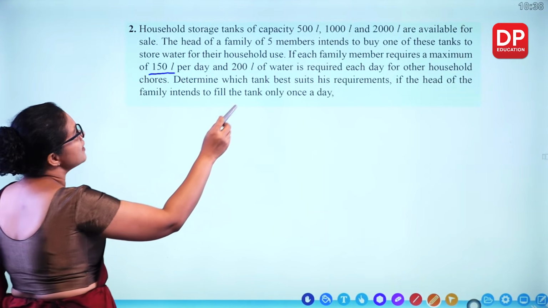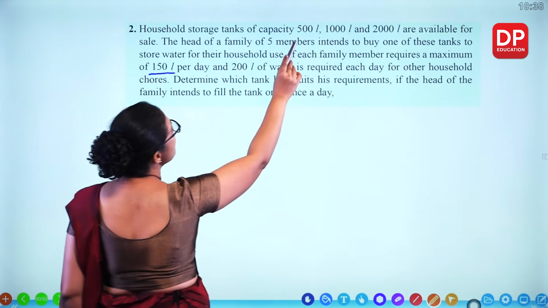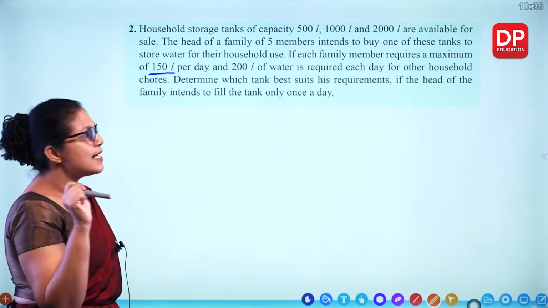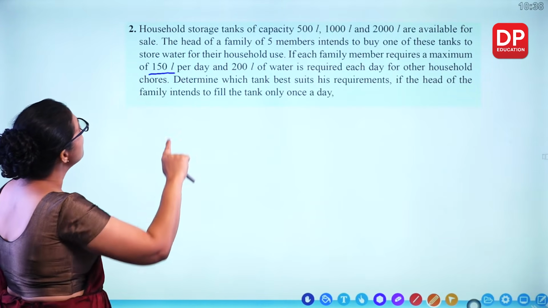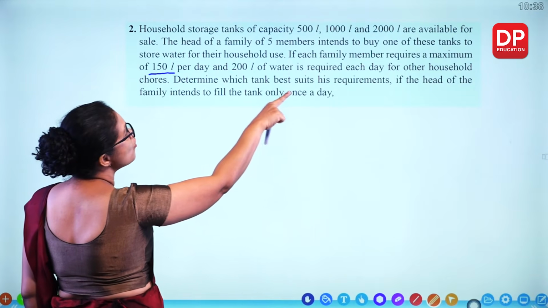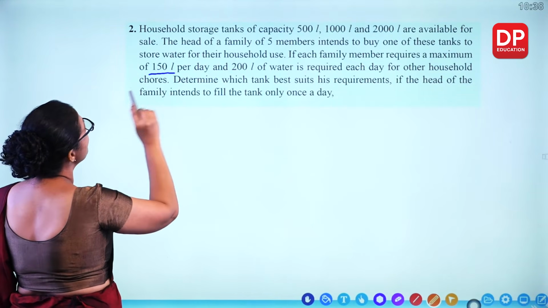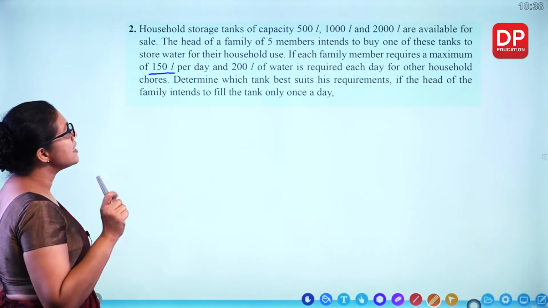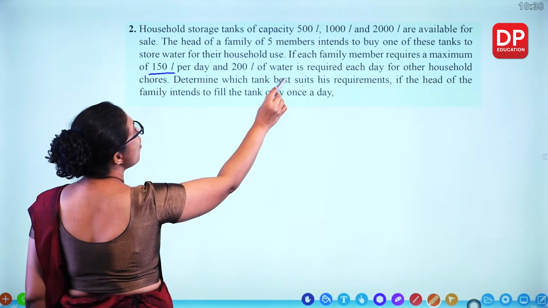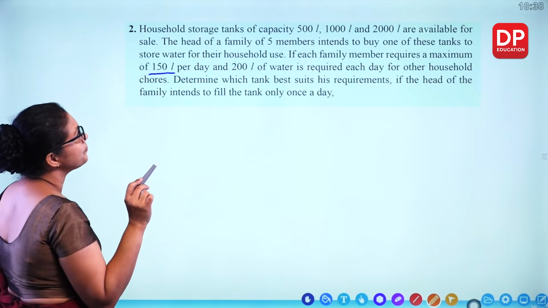Okay, so what are the capacity of the tanks? 500, 1000, 2000. So we need to find out which one is suitable. So if the head of a family of 5 members, what's the amount of water required? 150 liters per day. And 200 liters of water is required each day.